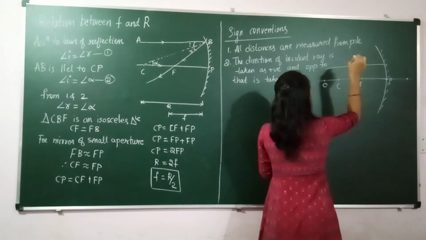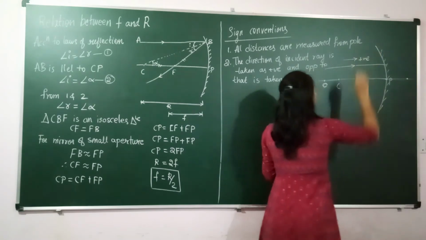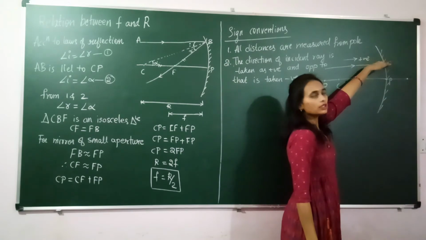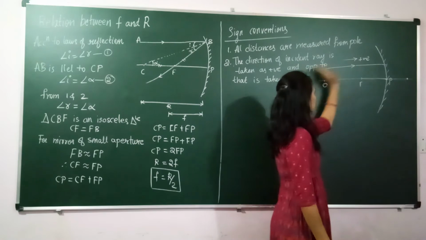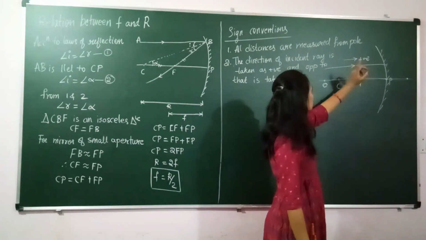This direction of the incident ray we will consider as positive. Whatever measurement we do in this direction will be considered positive. If we measure opposite to the incident ray, that value we will take as negative.